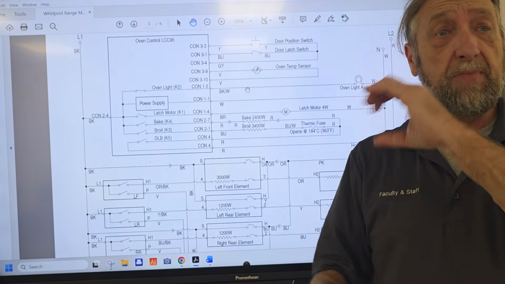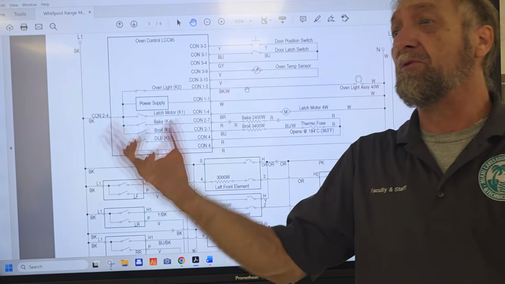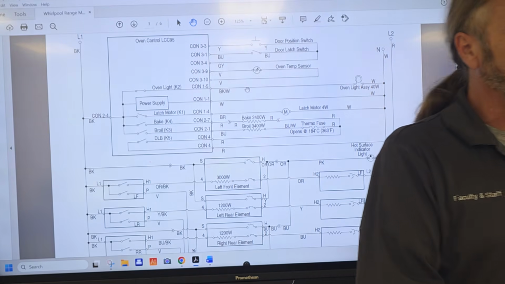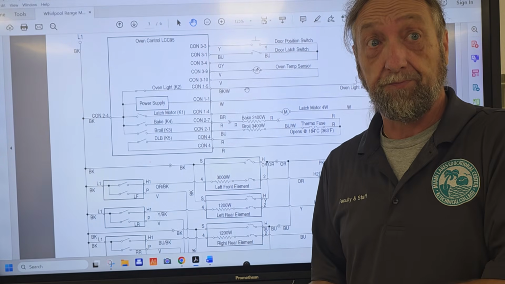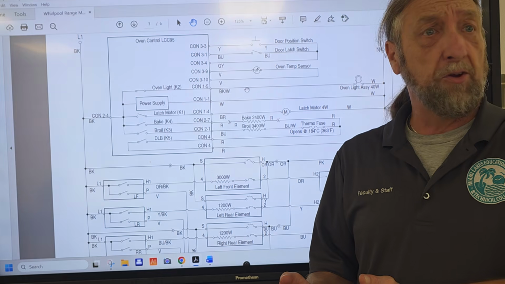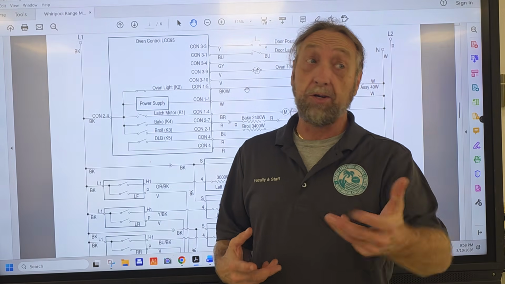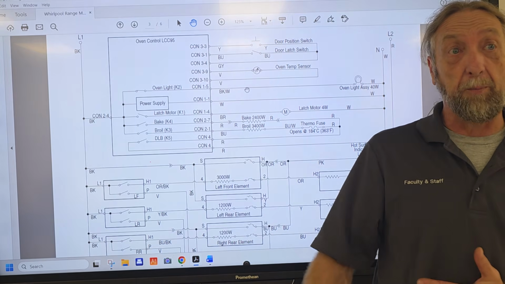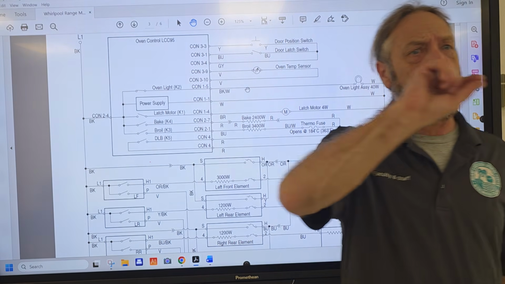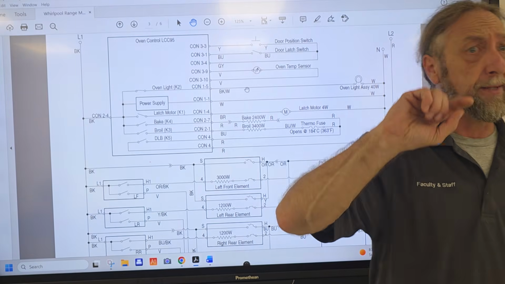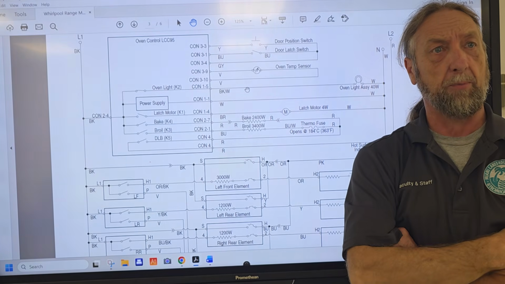If it reads 0 or infinity, it's going to tell you it's got a shorted or an open sensor. It doesn't know if the bake element's working or not. It doesn't know if the broil element's working or not. It knows to turn the relay on for the bake to work, but it's not measuring current flow through the board to say, aha, that element is working properly.